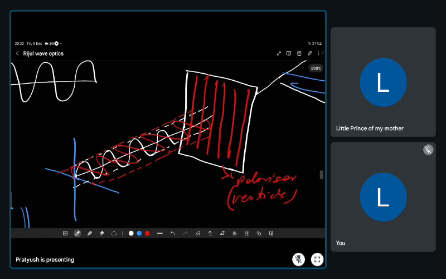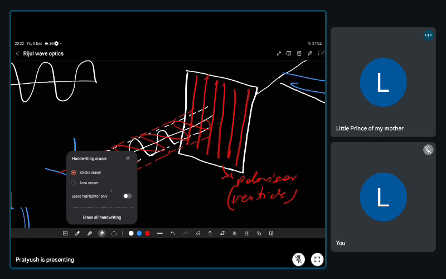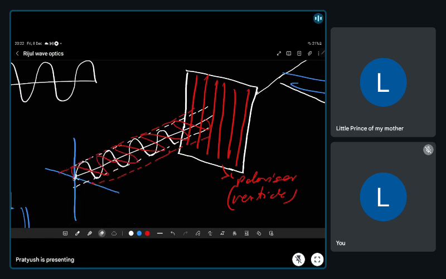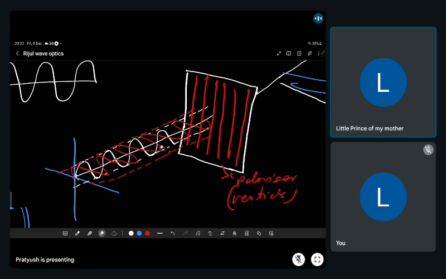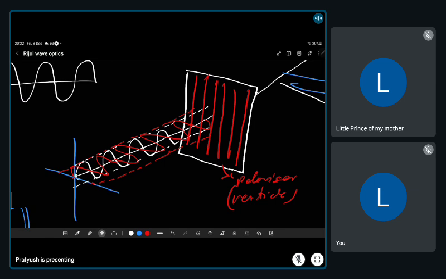See, I have shown that this light here is having both vibrations in perpendicular directions, like this white one and this red one. Both planes are perpendicular to one another. So when this light is incident on this polarizer, what will happen? It is like the bars of a jail.